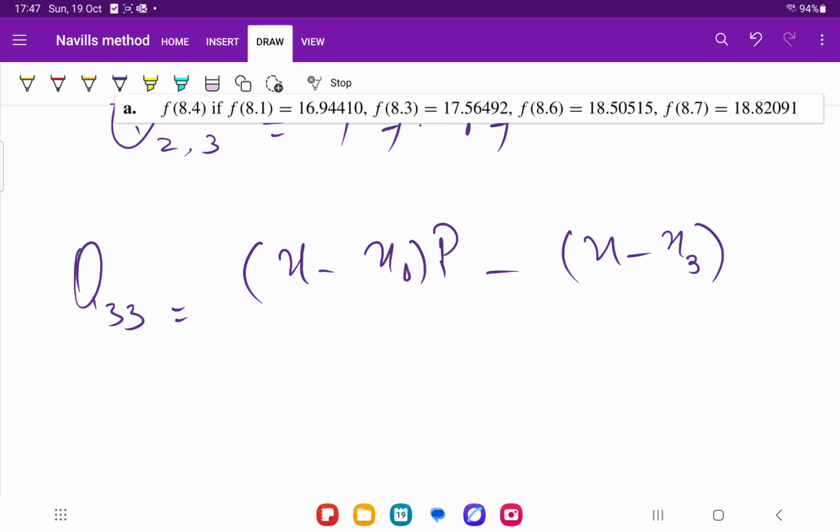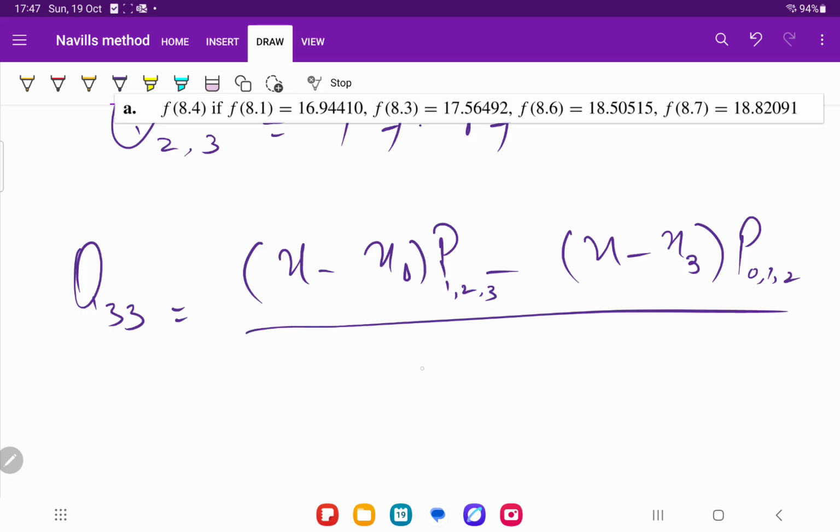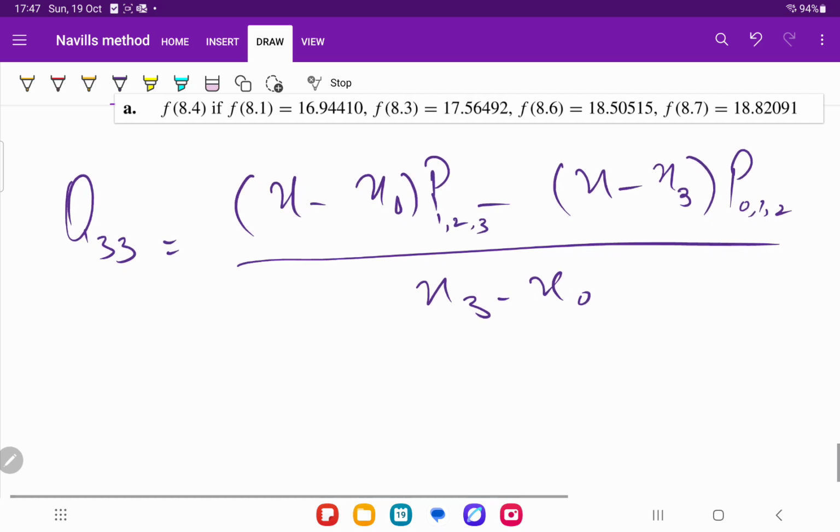So we are skipping 2 points, and this p is called p 0, 1, 2, 3, divided by x3 minus x naught. So that is the last point.